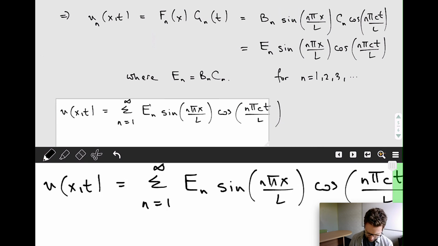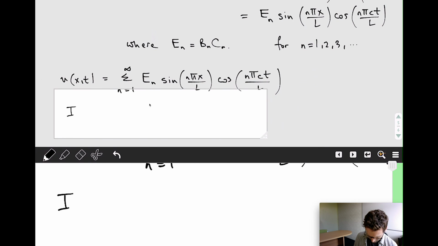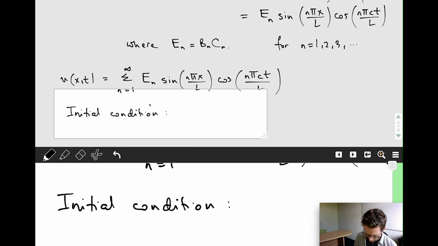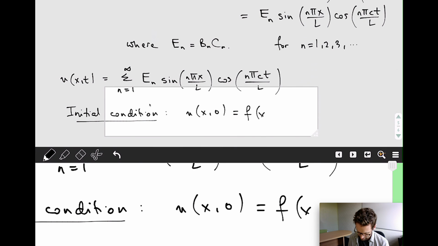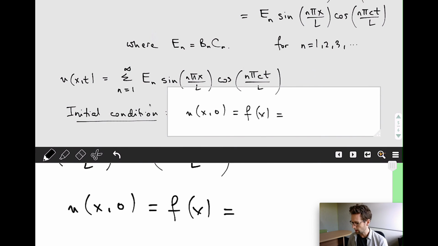The initial condition that I'm left with is the initial displacement, which was given by u of x at time t equal to 0. It was given by a function f of x, which was 2 sine(4 pi x / L).